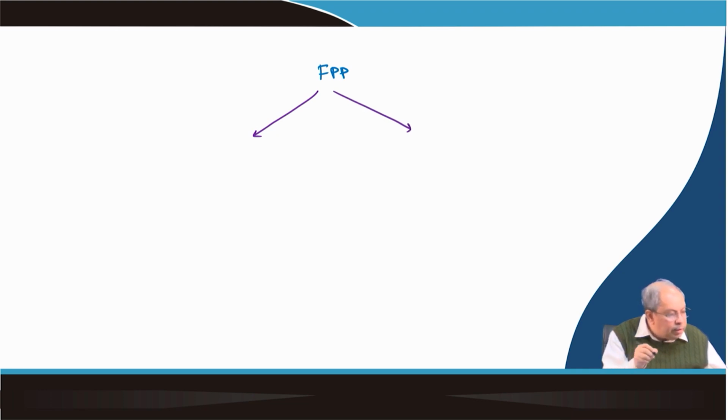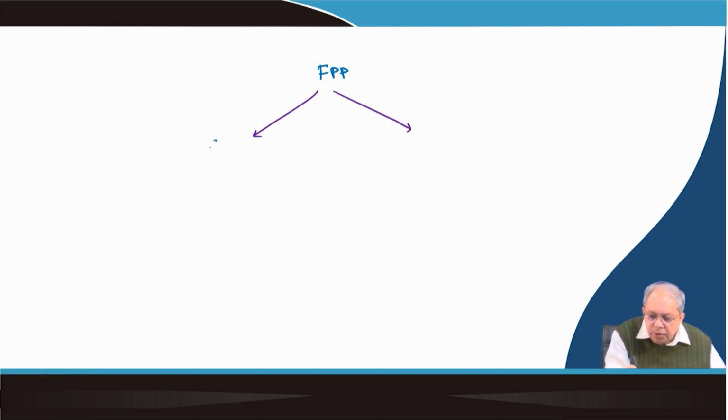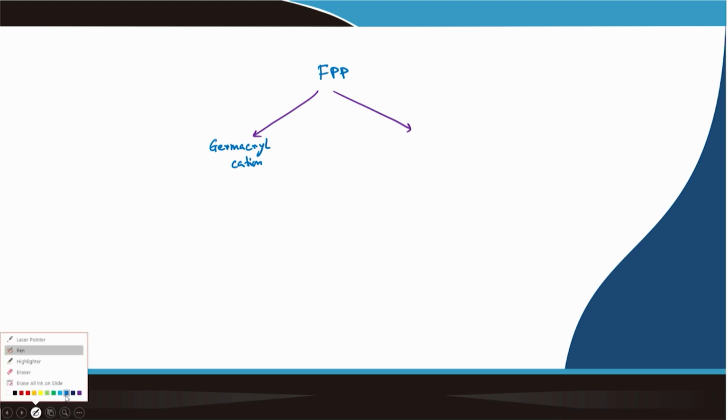For example, one is germacryl cation, which contributes to germacrene and related compounds. So, that I am going to show you. So, from germacryl cations different product formation occurs.